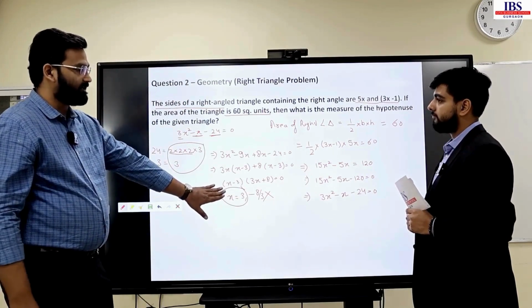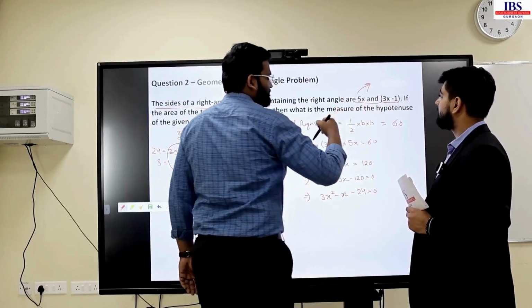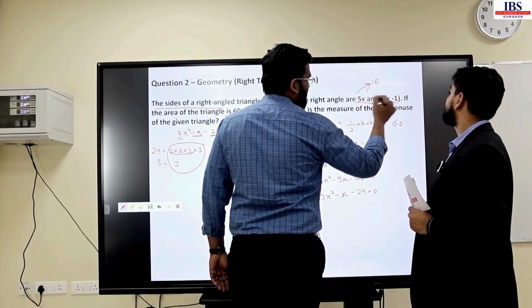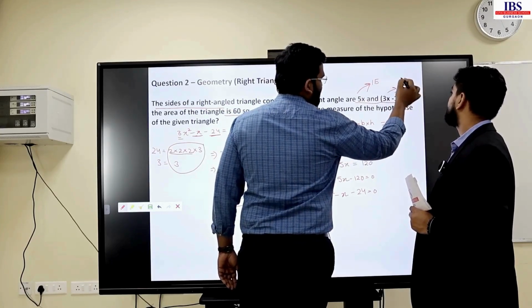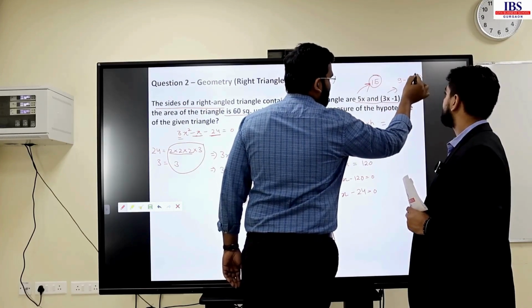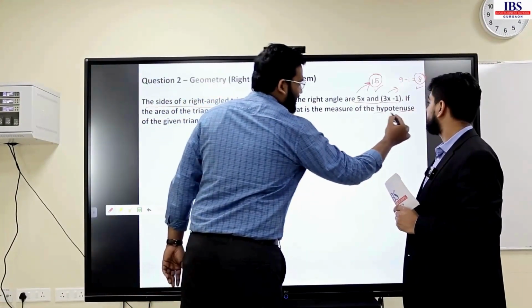So from here, we have calculated the value of x. So what will be the value of the sides of the right angle triangle? It will be 15, and here it will be 3 into 3 minus 1, that is equal to 8. It means that we have a right angle triangle whose sides are 15 and 8. Now we have to find the hypotenuse.